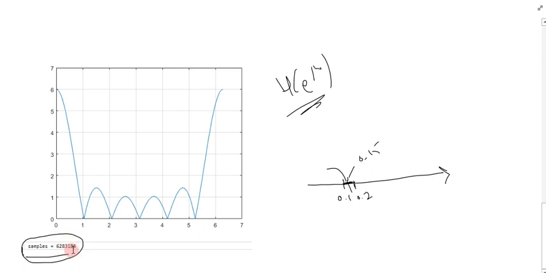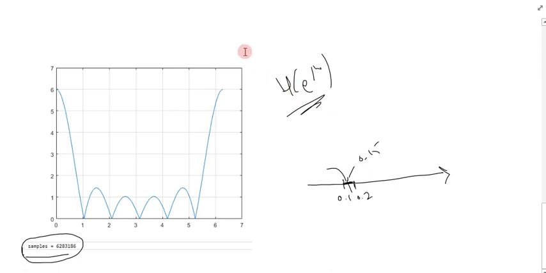Between any two consecutive samples, there are infinite samples that you are not drawing here. So in order to completely store this waveform, which has range of 0 to 2 pi, but between 0 to 2 pi you have infinite number of samples, you require infinite memory. So it is a problem.